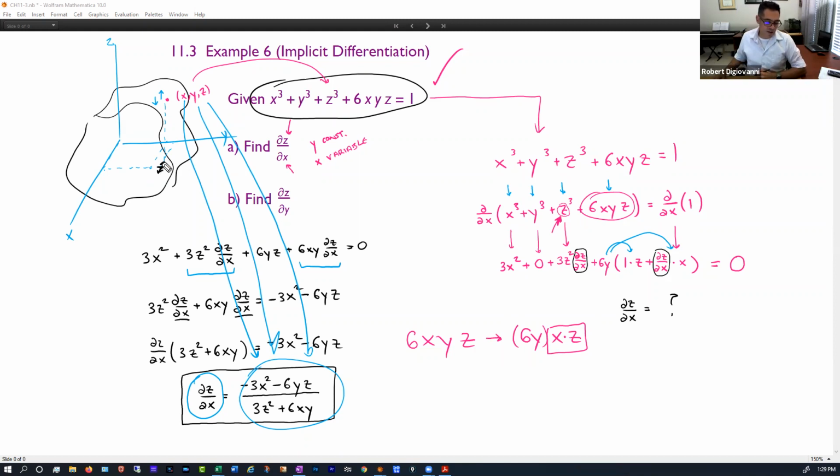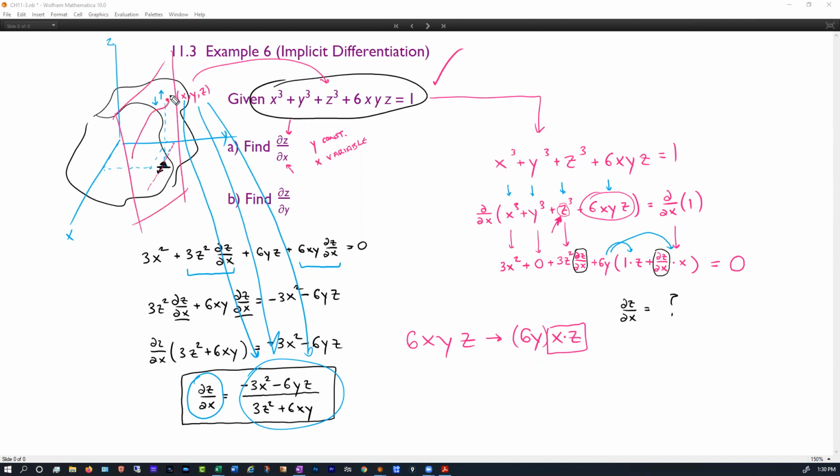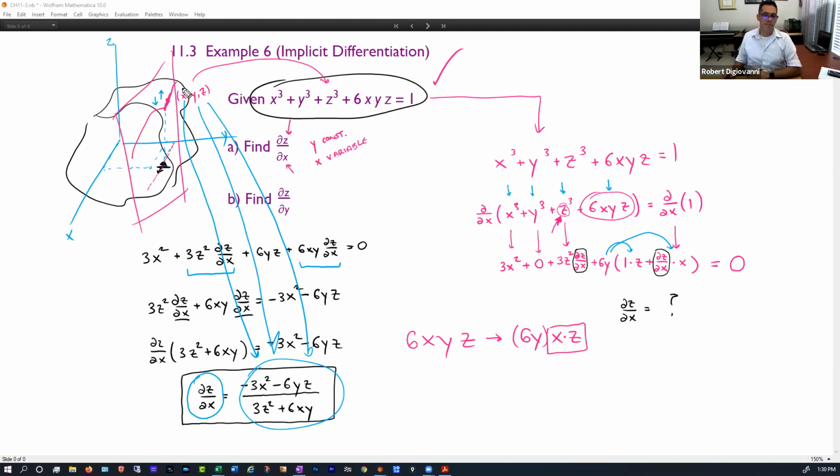If I change x just a little bit, but we're holding y constant, right? So the left and right is actually not moving. We're holding the y coordinate constant, and we're changing the x coordinate just a little bit and seeing what happens with the up and down on the z. So it's like when we cut through with a plane and it created a curve on our surface, we're finding the slope of that tangent line.